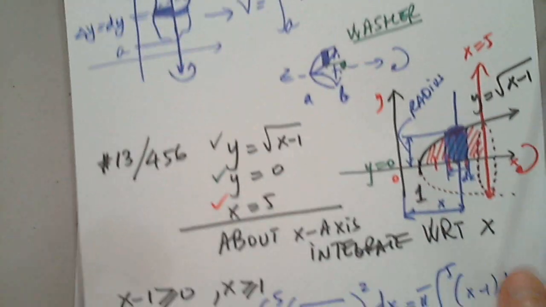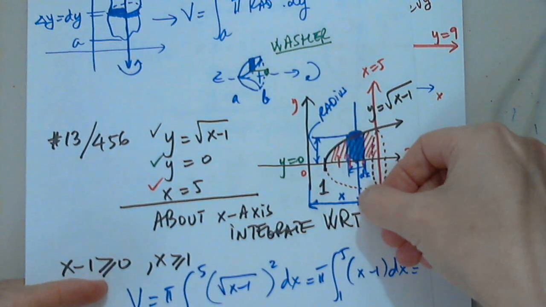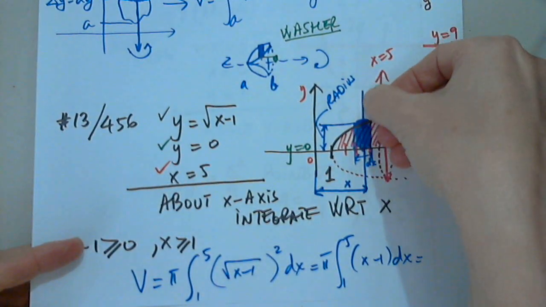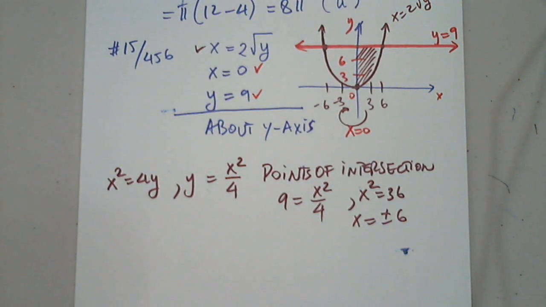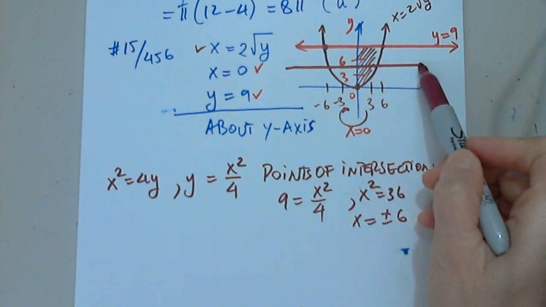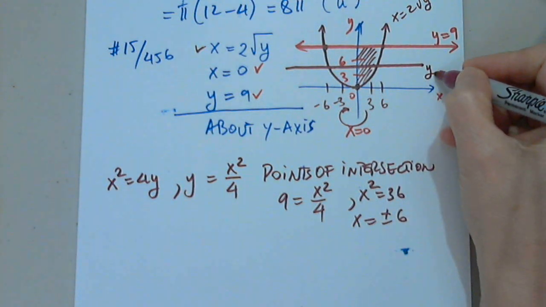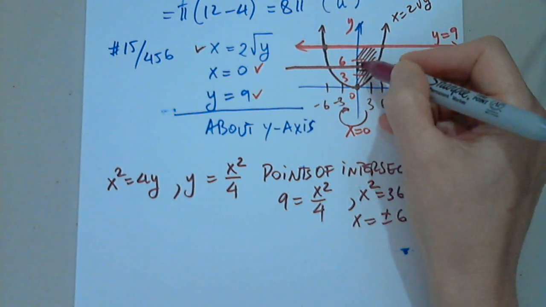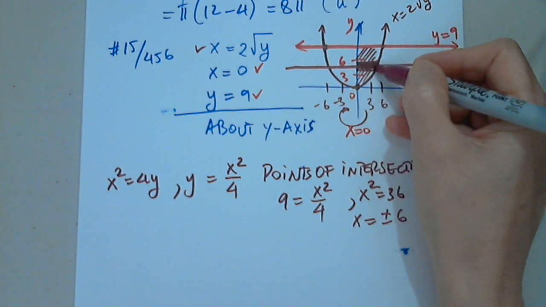Remember, here we said for a particular x, we were integrating with respect to x. This time we are going to say for a particular y value, I'm going to picture the disk.